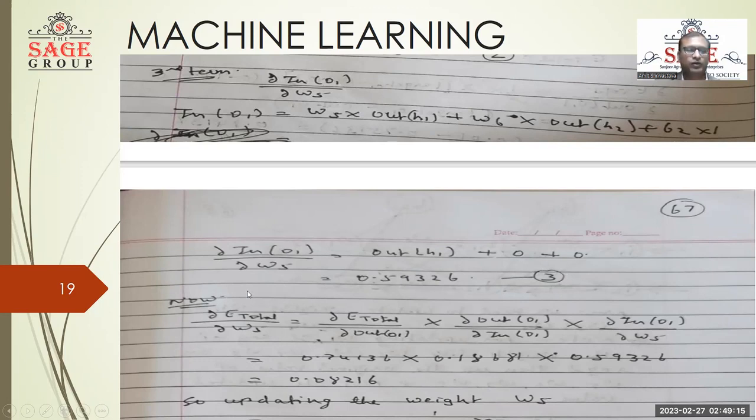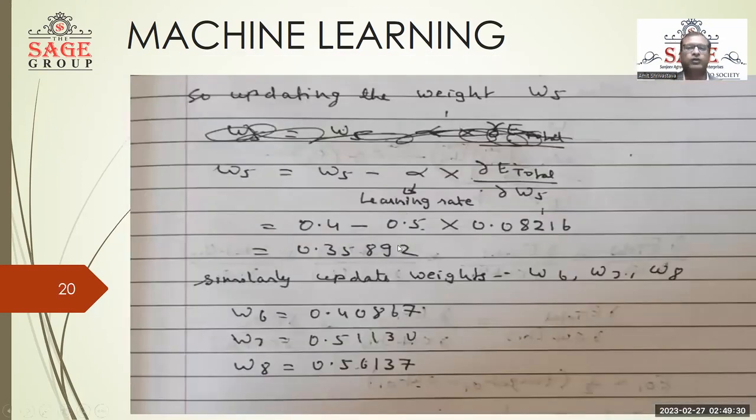So now my actual formula was del E total upon del W5, and we have already calculated all these three terms. Just putting in the values, we will get this as my final output. Now we need to update the weight W5. The formula we already know: W5 is W5 minus alpha into del E total upon del W5. Let us assume I am taking alpha as 0.5.